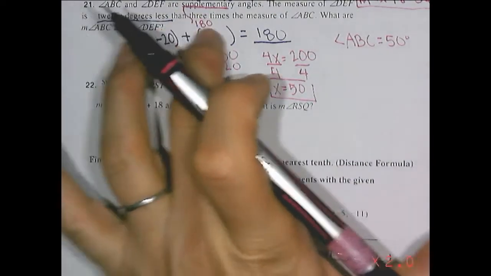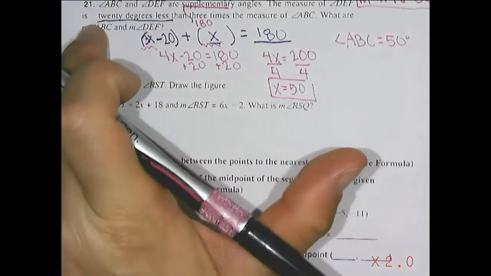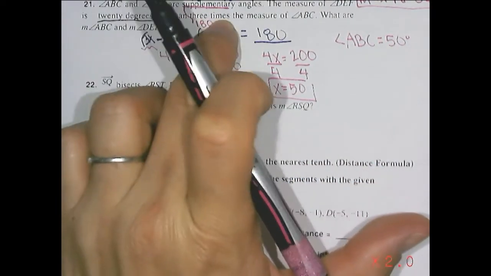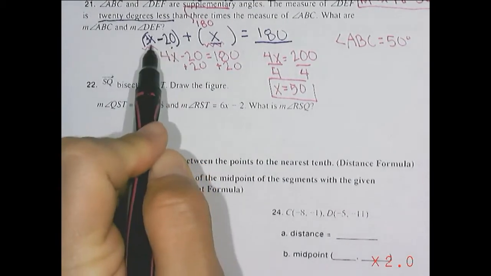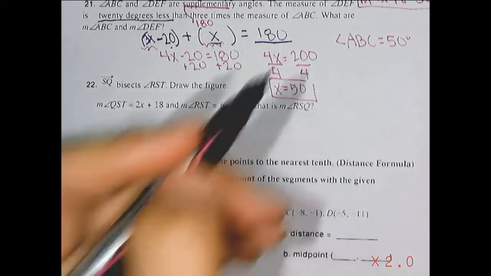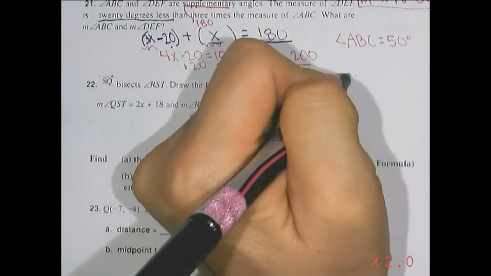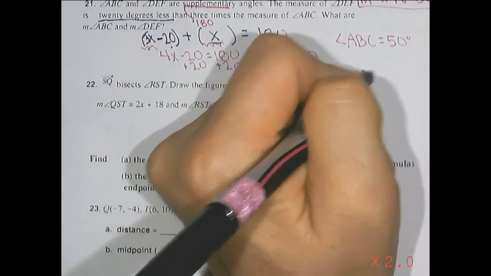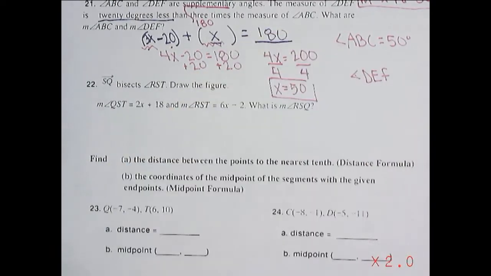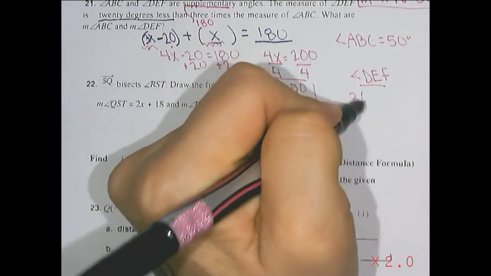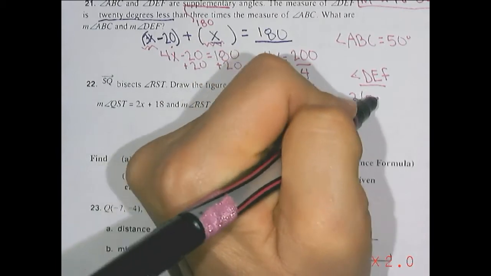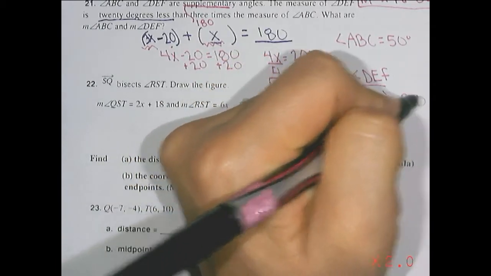And then the measure of DEF, remember, was 20 degrees less than 3 times the measure of ABC. So for DEF, we are going to do 3 times our x, which was 50, minus 20.